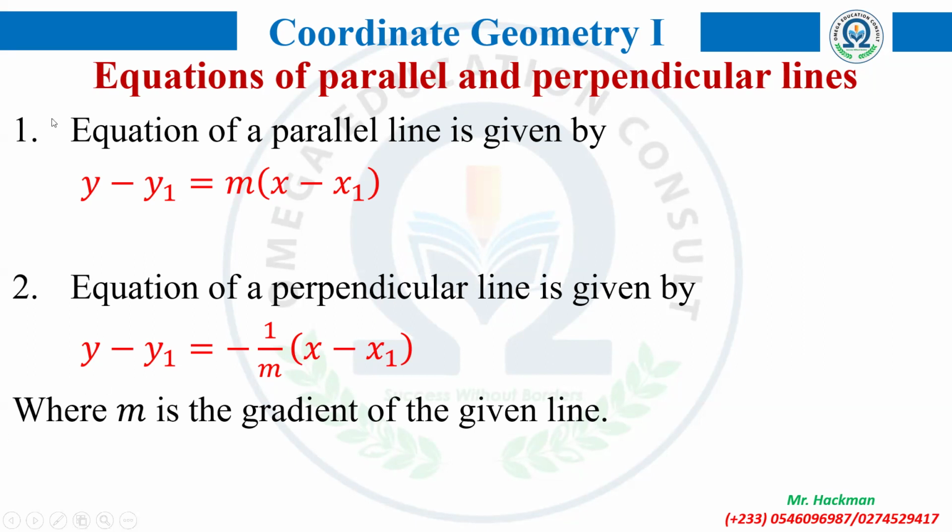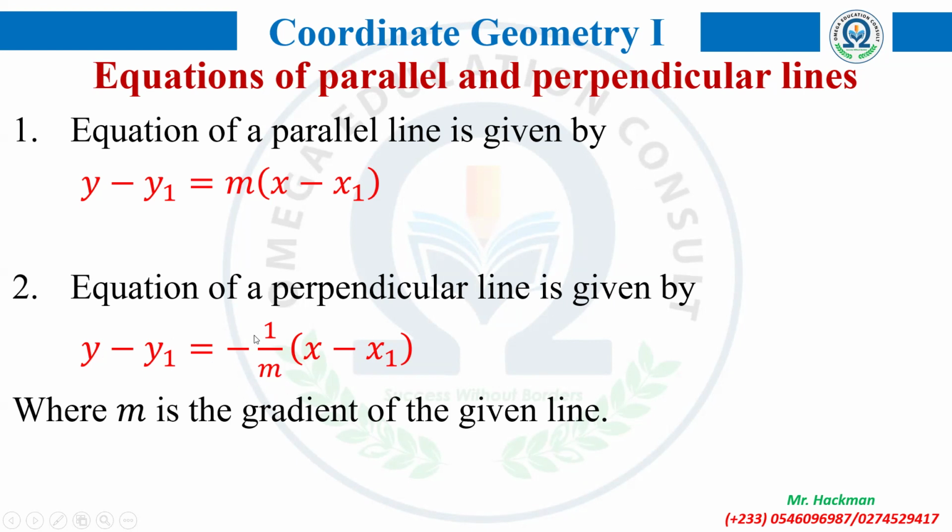All right, so now let's look at the equation of parallel and perpendicular lines. The equation of a parallel line is given by the usual point-slope formula. For the equation of a perpendicular line, if the gradient of the original line is m, the gradient of the perpendicular line is the negative reciprocal of the original, so it's minus 1 over m.